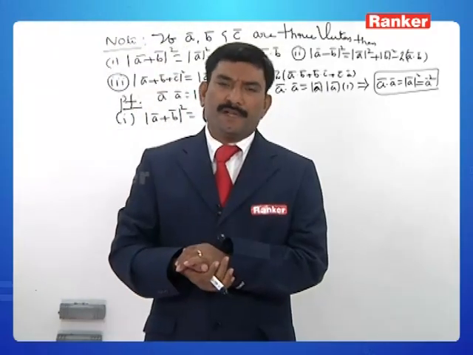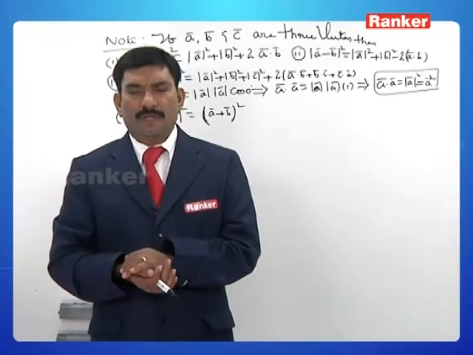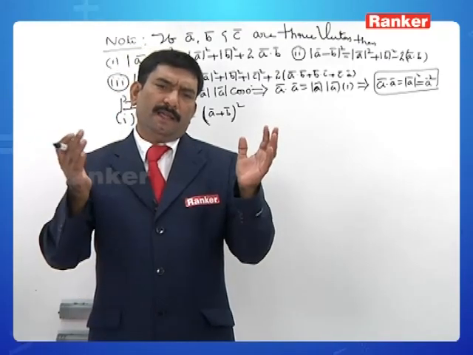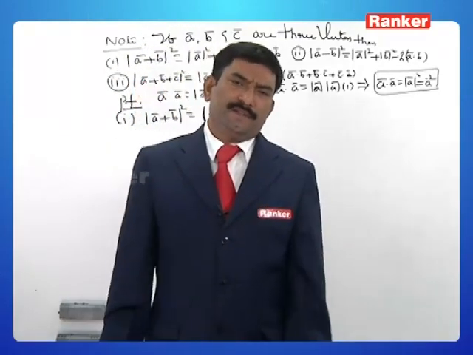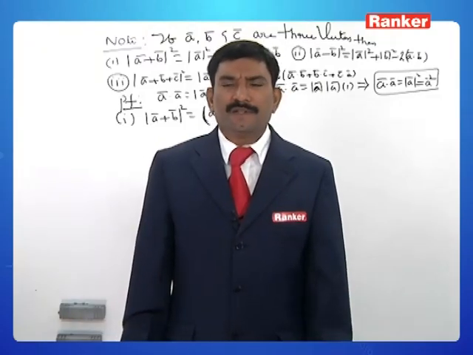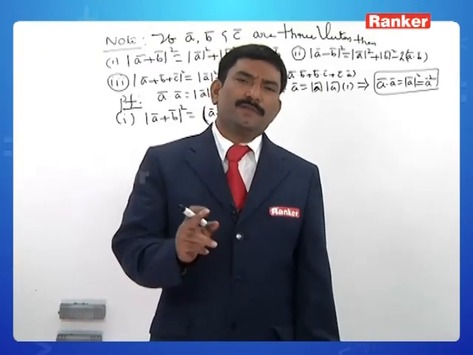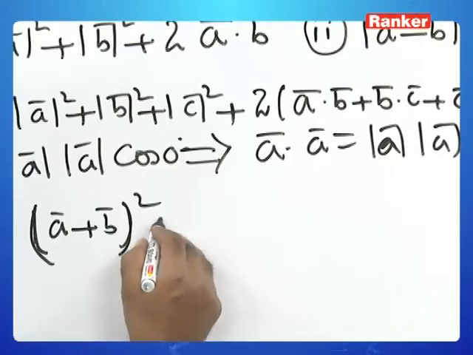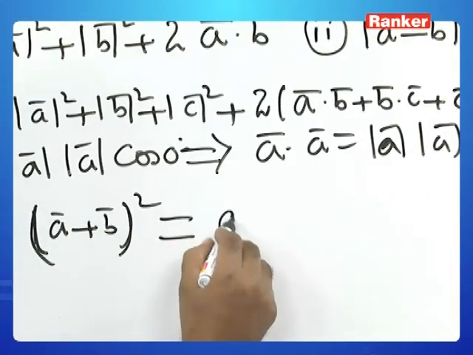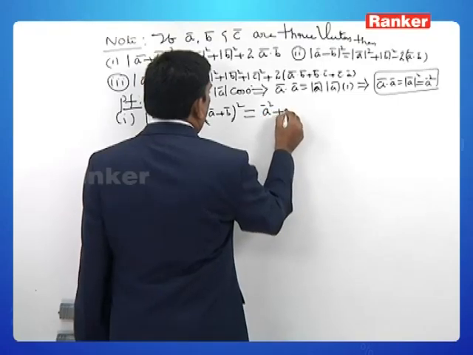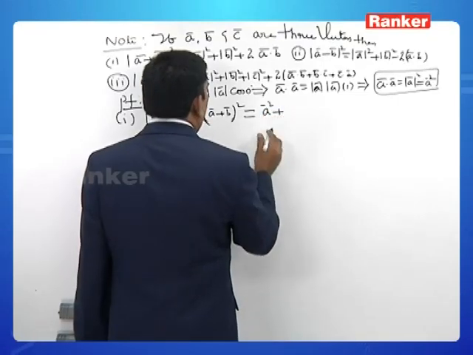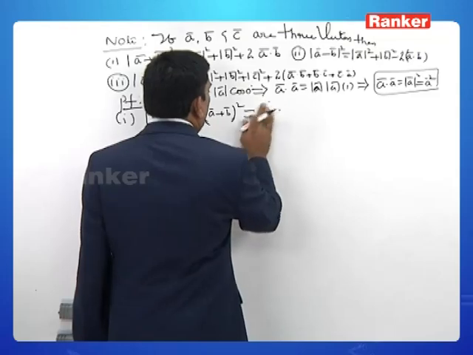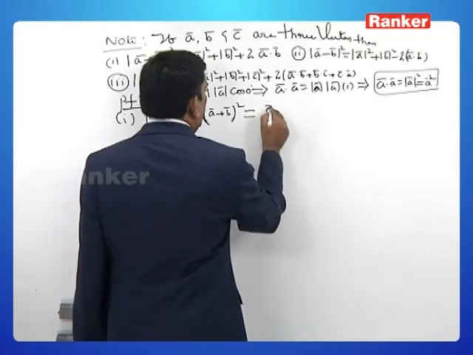Addition of three vectors is one vector. You can add any number of vectors, but it gives only one vector. Therefore, you expand this.